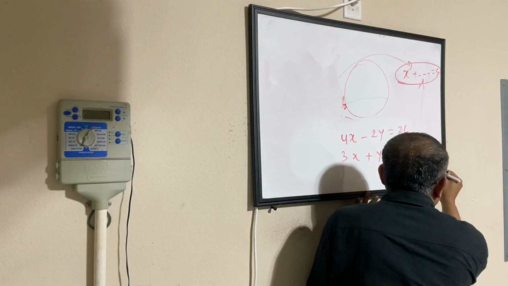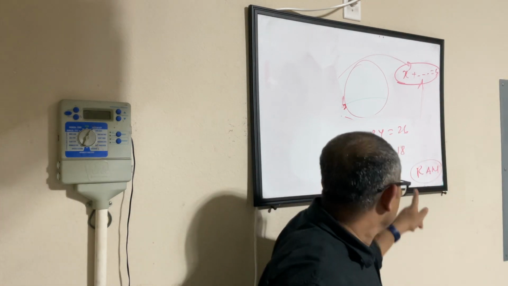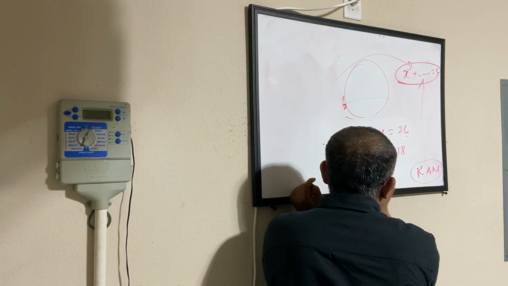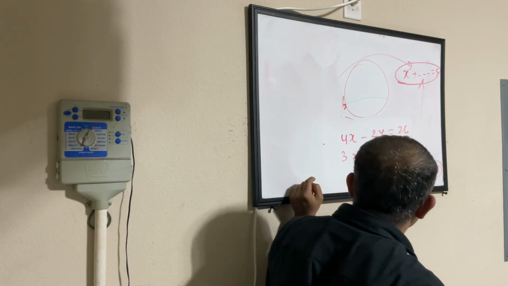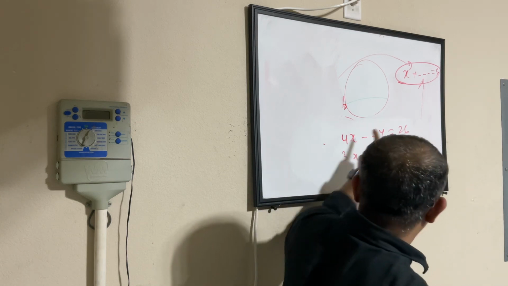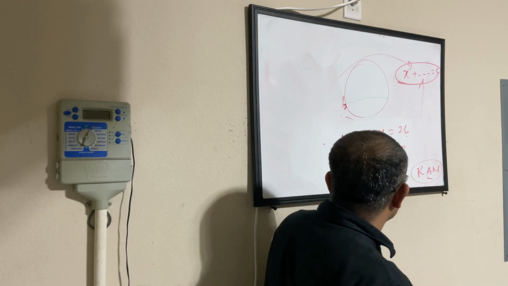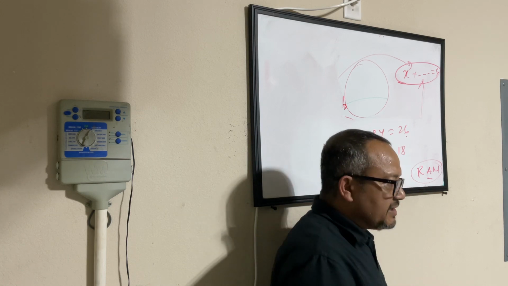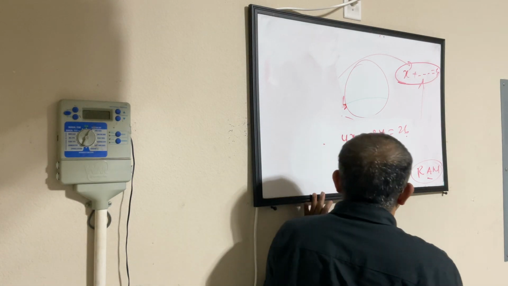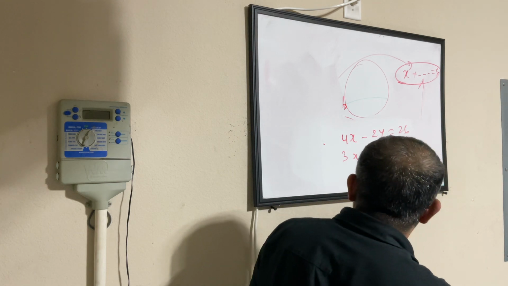It goes back to my most annoying concept. I'm reading the question: 4x minus 2y equal to 26, 3x plus y equal to 18. And then I'm thinking about it. I have two equations and two variables, so I have everything that I need to at least make the attempt. How would I do it?